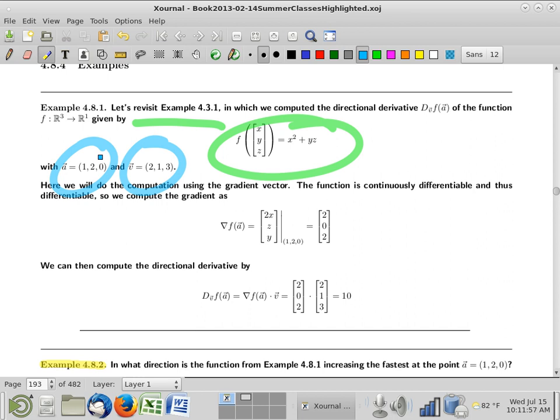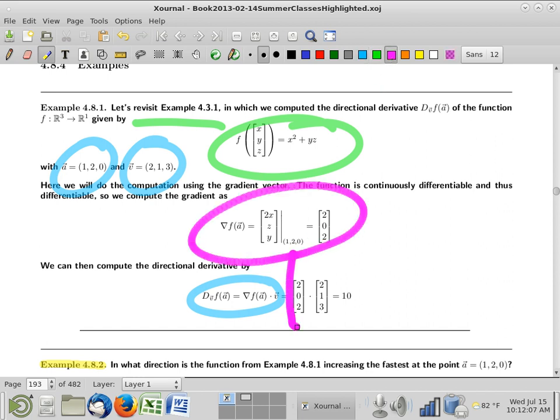Here, I'm going to rewrite that directional derivative as gradient dot vector. Computing the gradient is easy. Gradient is just a vector of partial derivatives. These partial derivatives are really easy to compute. Plug in the point that we're at. We're at the point (1, 2, 0). Easy algebra, easy arithmetic.